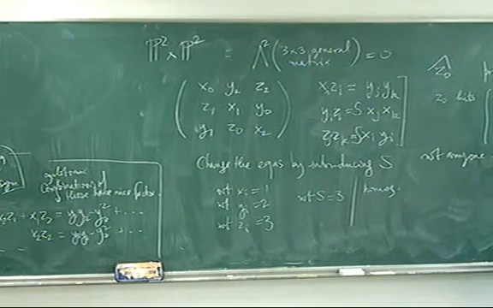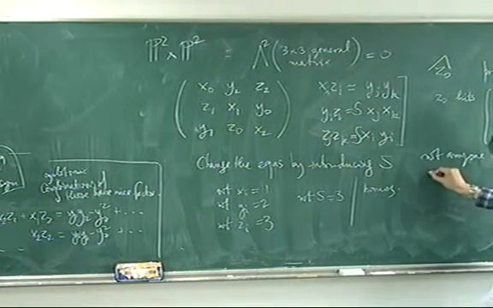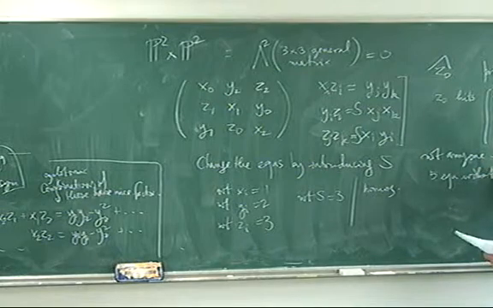So there are 4 equations here that are linear in Z naught, and then there are 5 equations without Z naught.